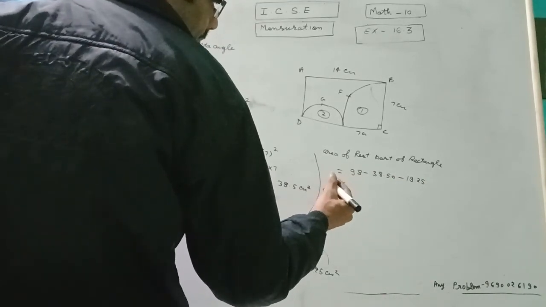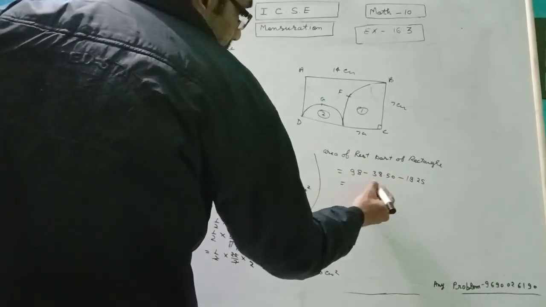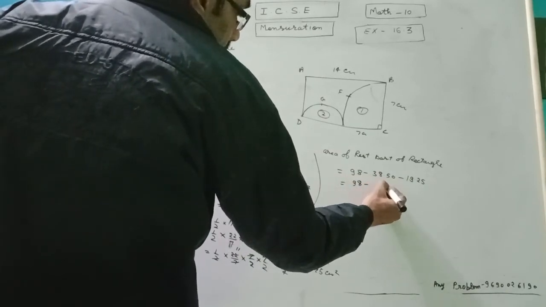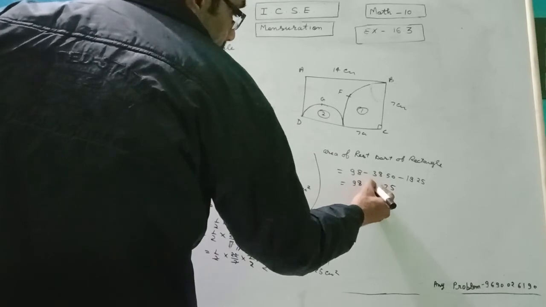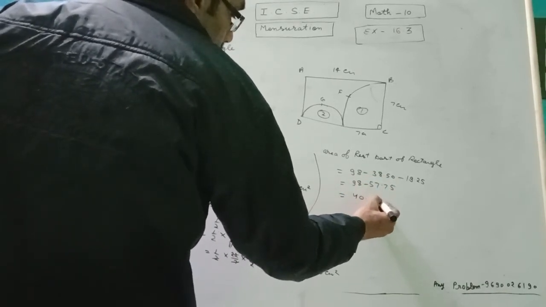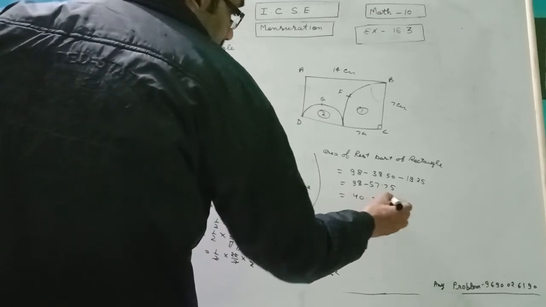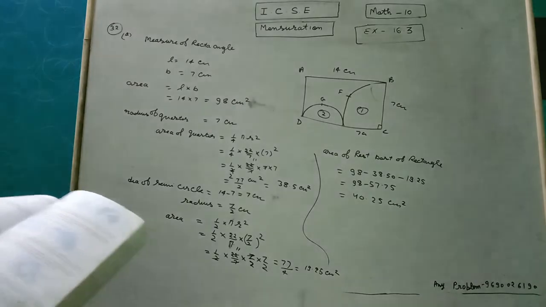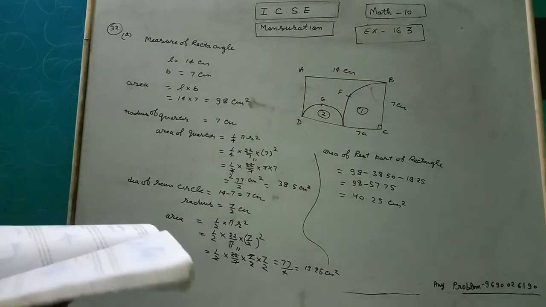After subtracting, 98 minus 57.75 is 40.25 centimeter square, the rest part of the rectangle.